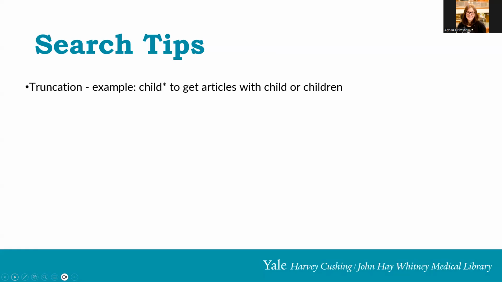So this is something that you want to do, but you also want to be really careful about, right? We want to save time by not spelling out every single iteration of a word, but we also want to ensure that we're not pulling in too many irrelevant results because we've gone to a root that has several iterations that are not relevant to us.